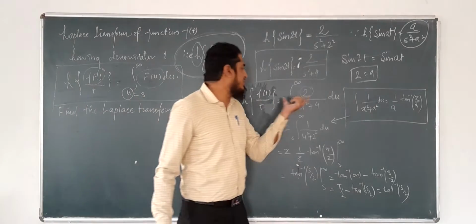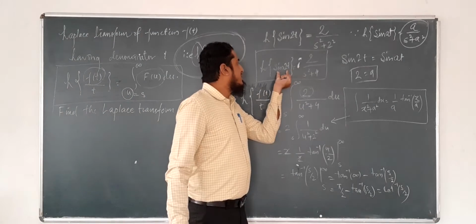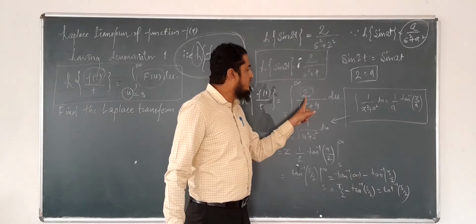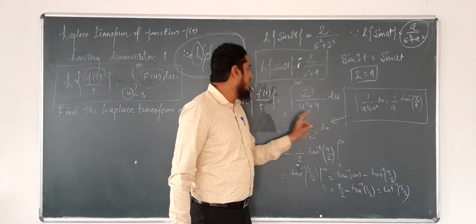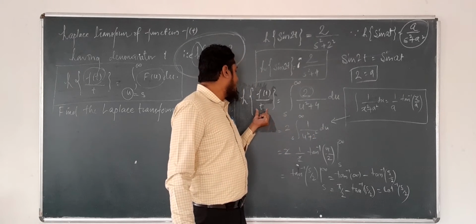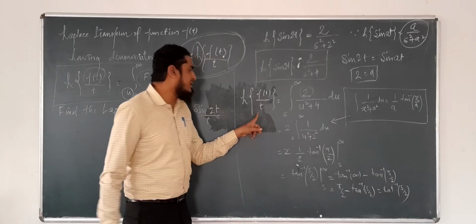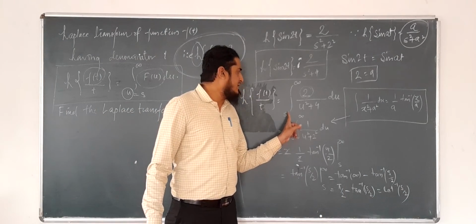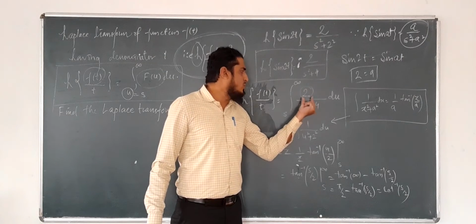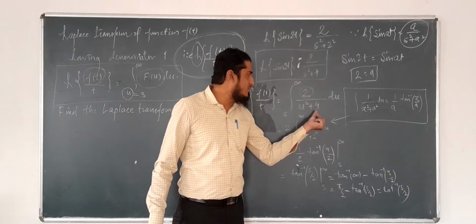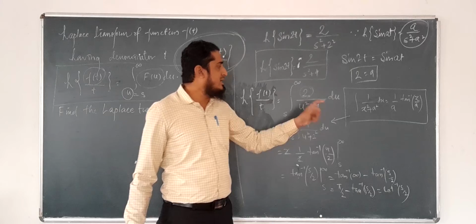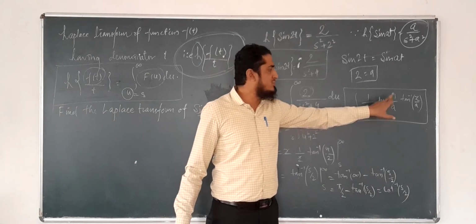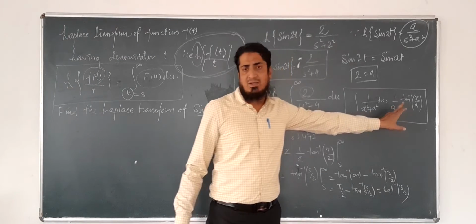So we convert this Laplace transform of sin 2t into u form, and we will get 2 upon u square plus 4 with integration, because we have taken the denominator also with this function, and the theorem says integration from s to infinity of 2 upon u square plus 4 du. And we know that the integration of 1 upon x square plus a square dx is equal to 1 upon a tan inverse x upon a.